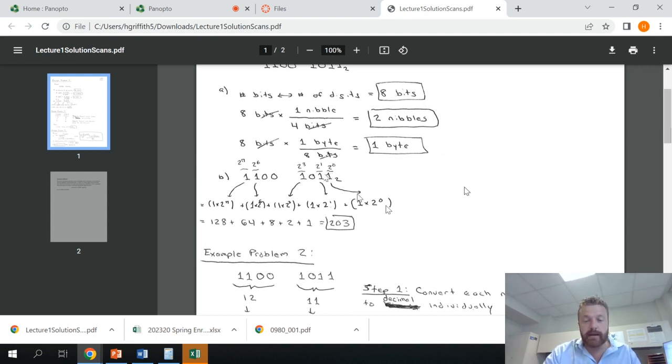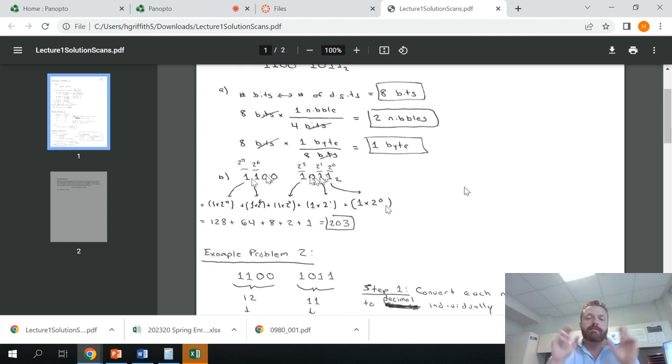So this bit 1 is in the 2 to the 0 or the 1's place. The next bit immediately to the left is in the 2 to the 1st place. So that digit will weight by 2 to the 1st. We don't have 1 here. If we did, that would be in the 2 to the 2nd or 4's place. In a similar fashion, you can just keep multiplying by 2: 1's place, 2's place, 4's place, 8's place, 16's place, 32, 64, and 128.